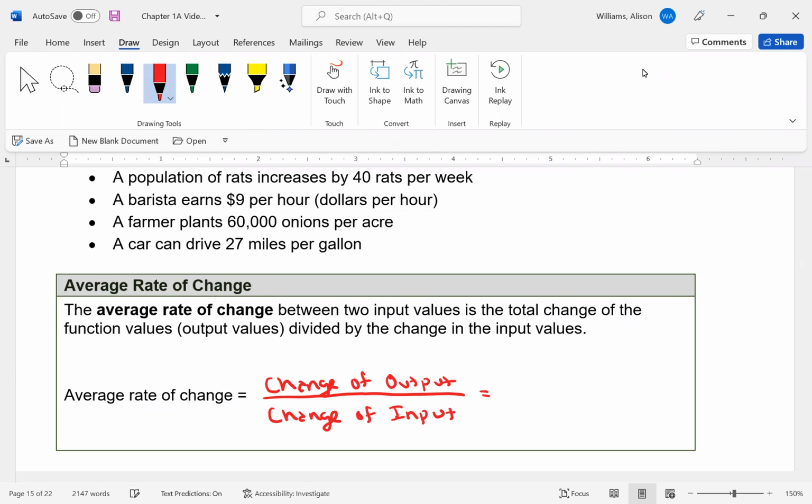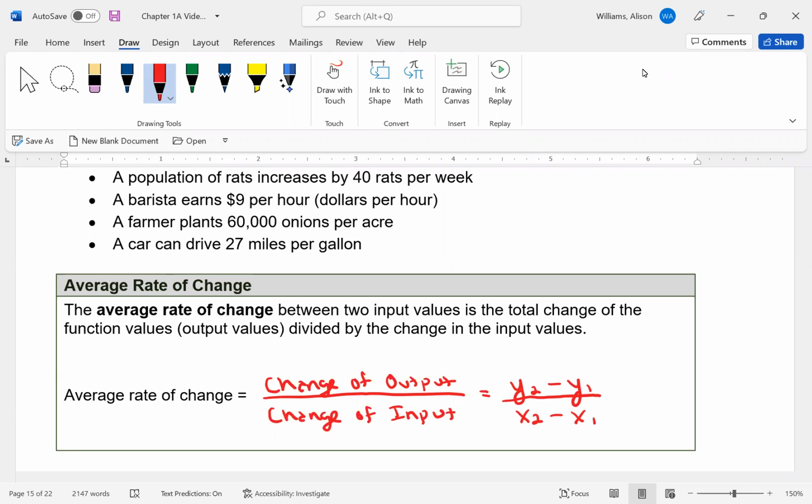Or another way of thinking of that is taking the difference between two output values, which we typically use y to represent. So I'm going to do y sub 2 minus y sub 1 to represent two different y values, over x sub 2 minus x sub 1 to represent two different input values.